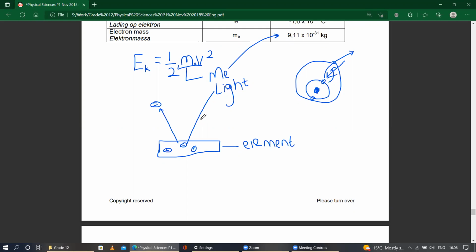So since you know that this light is gonna give the electrons energy, you need to know the minimum energy required for that electron to jump out of the element. That minimum energy is usually your work function. So this is the symbol for the minimum energy required for an electron to start jumping.